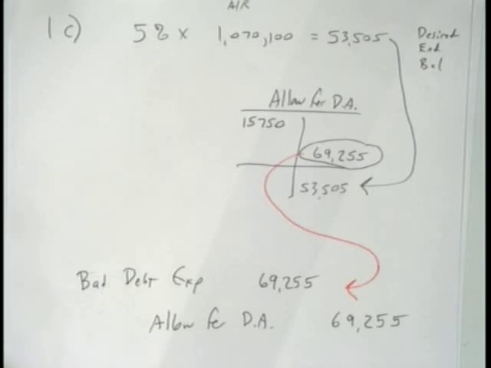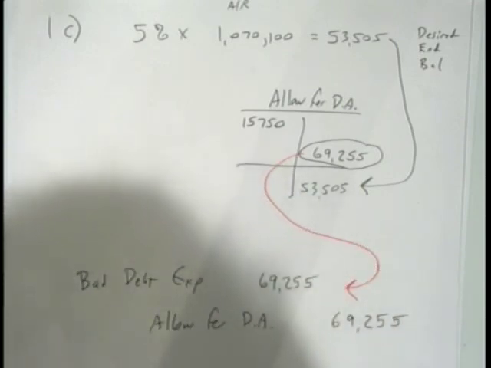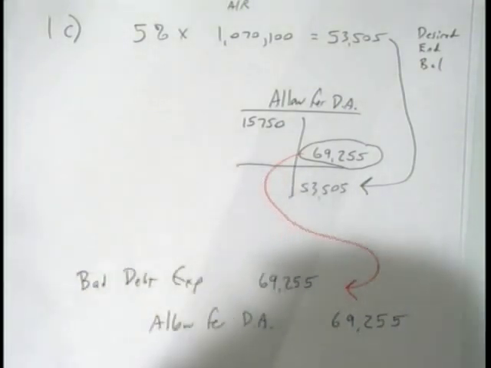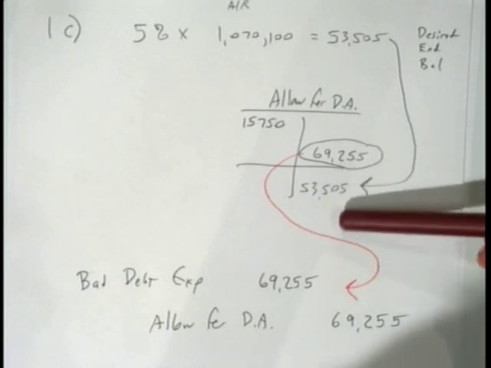Now I wanted you to skip requirement number 2 and do requirement number 3, correct? So let's do that. Show how accounts receivable and the allowance for doubtful accounts appears on the December 31, 2011 balance sheet, given the facts in part 1C. Okay, and that's the part we just did, right?